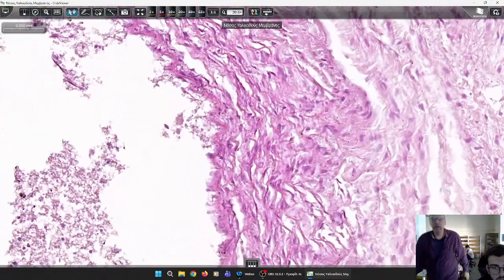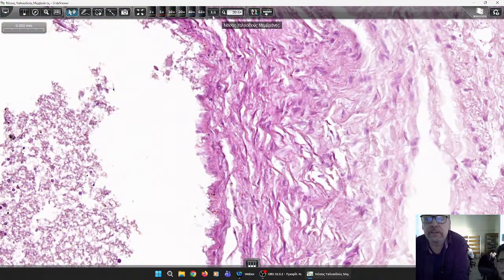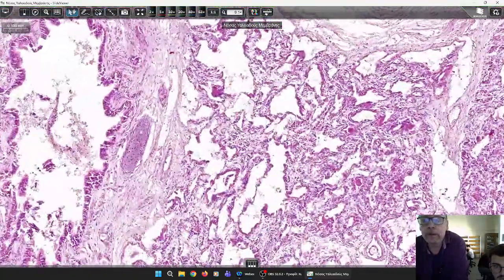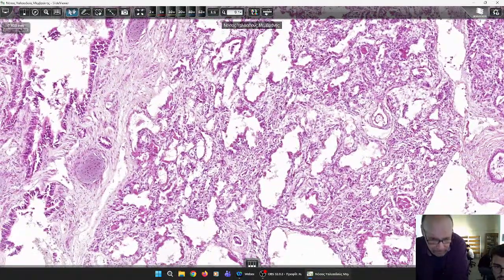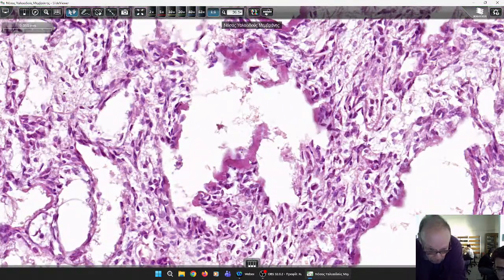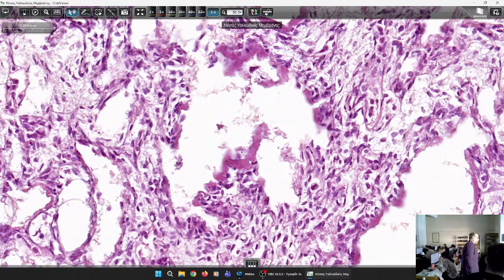They are normal because the adjacent alveoli here, you see that some of them are distended, and instead of pneumonocytes, they have this amorphous, bright pink material known as hyaline membranes. Hyaline membranes. So this is the histological hallmark of diffuse alveolar damage, clinically known as acute respiratory distress syndrome.